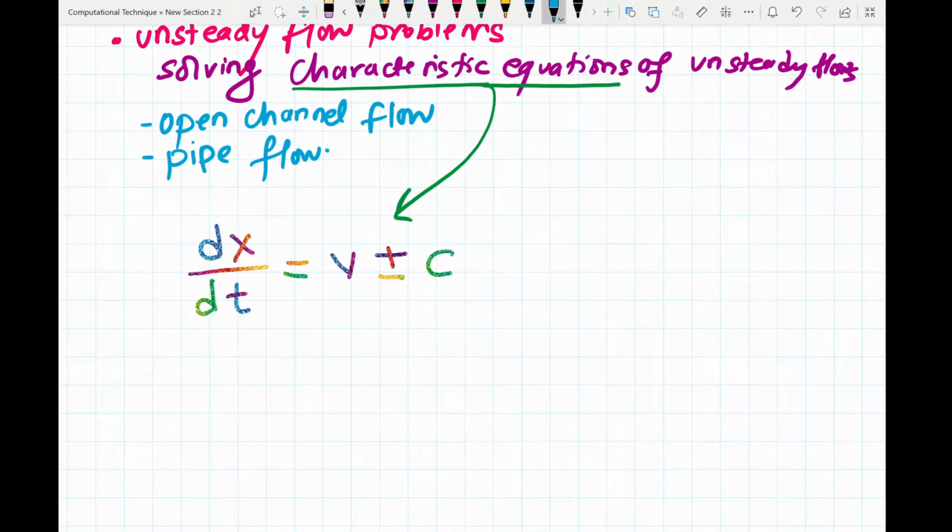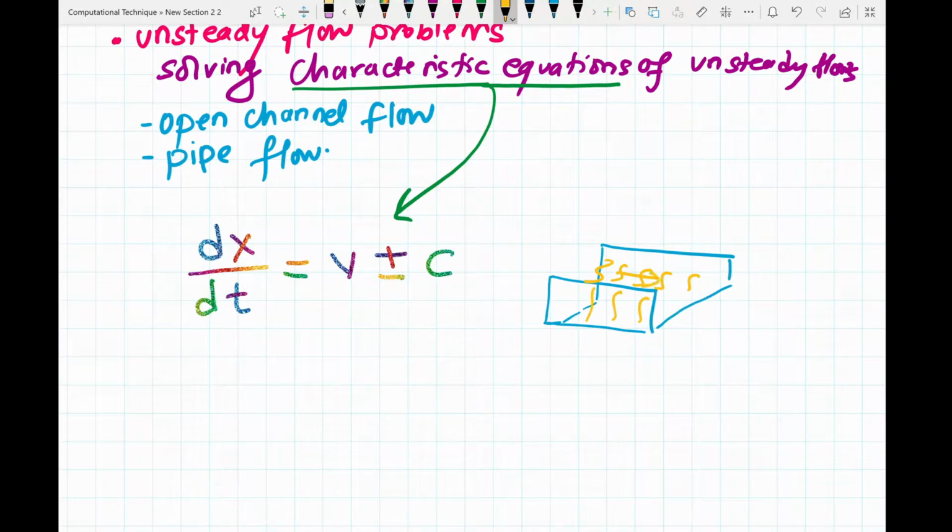Here, if you have a channel like this and you have water flowing, let's look at it from this section here. So what you'll have is, this is your base and this will be your water.